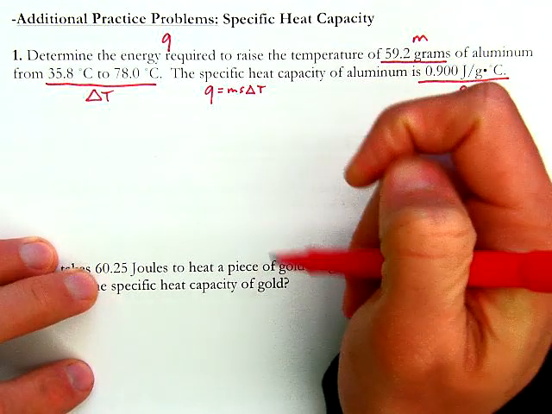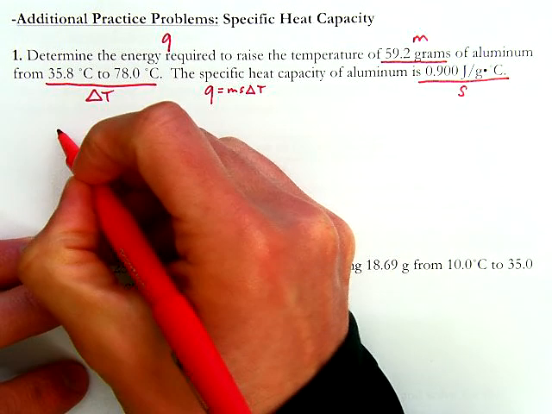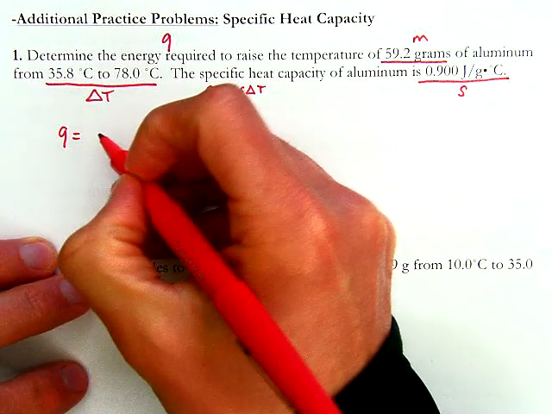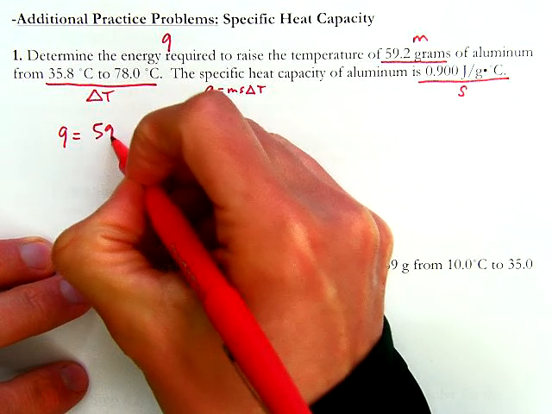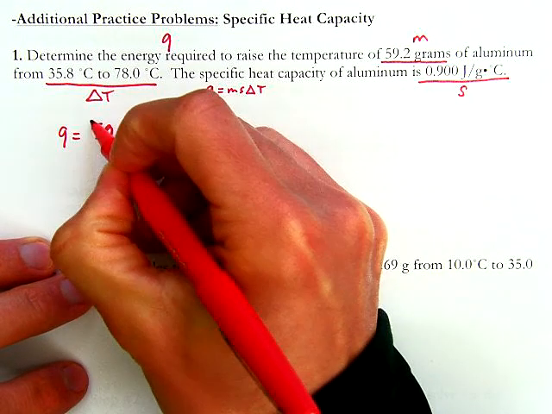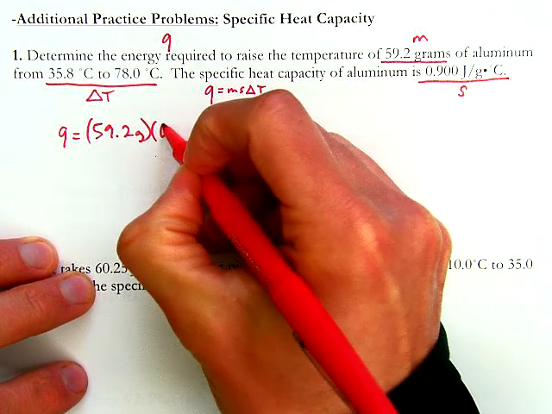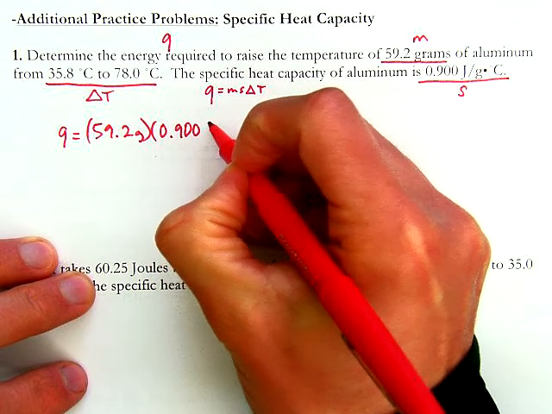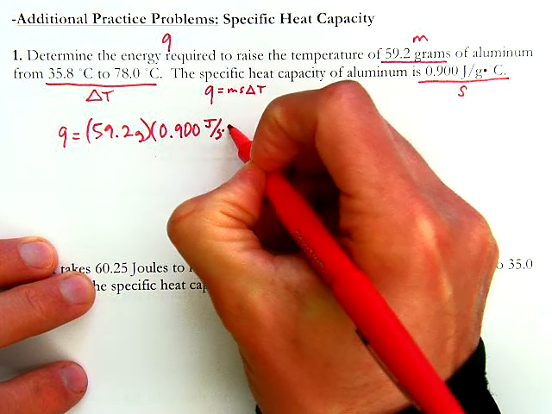So we're just going to start plugging things in here. Q is going to equal M, which is 59.2 grams. S is the specific heat capacity, which is 0.9 joules per gram per degree Celsius.